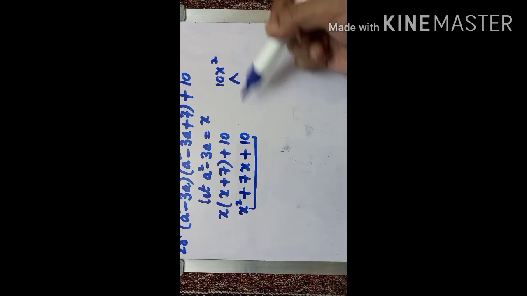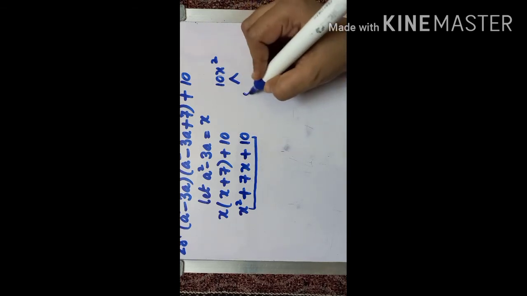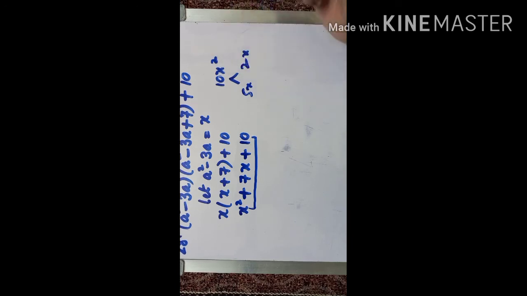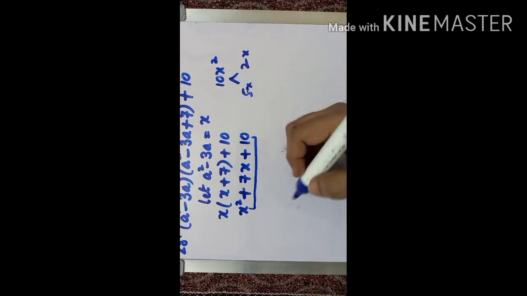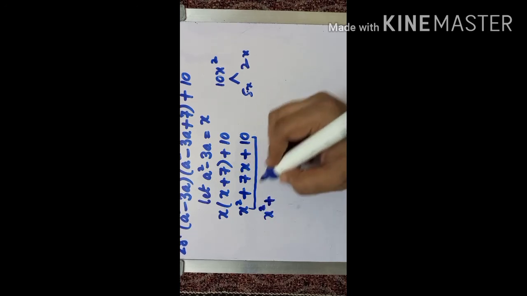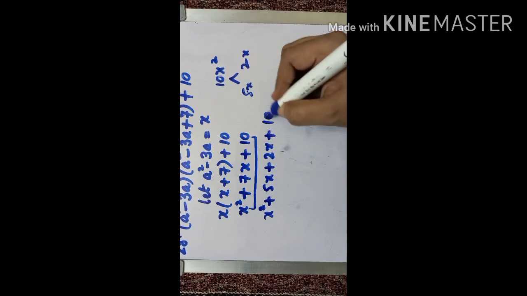Can you write 5 2s are 10, because here 7x is there, 5x plus 2x will give you 7x. Okay, so let us write 5 2s are 10, 5x into 2x will be 10x square, and 5x plus 2x will be 7x. Okay, so x square plus here 7x we are writing as 5x plus 2x plus 10.